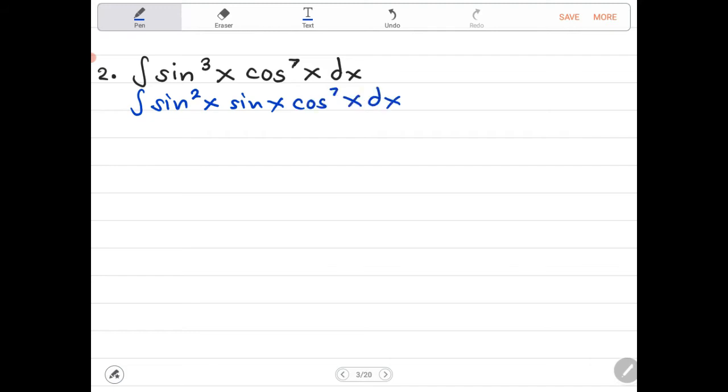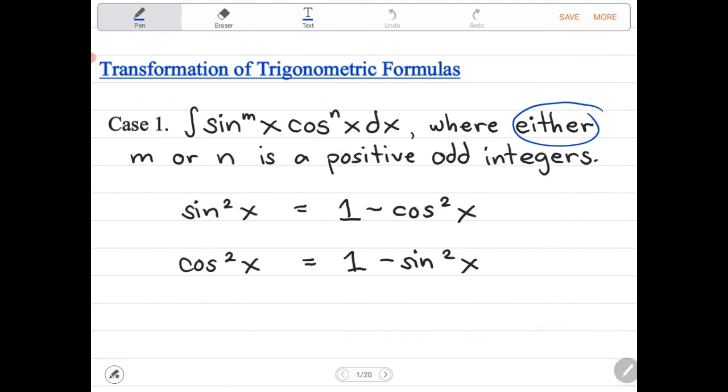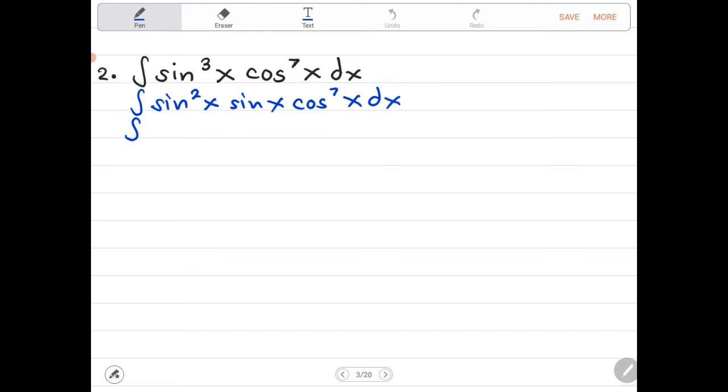Okay? Then substitute for sine squared x. What are we going to substitute with sine squared x? 1 minus cosine squared x. That is in Pythagorean theorem, no? We have 1 minus cosine squared x multiply by sine x cosine raised to 7x dx.